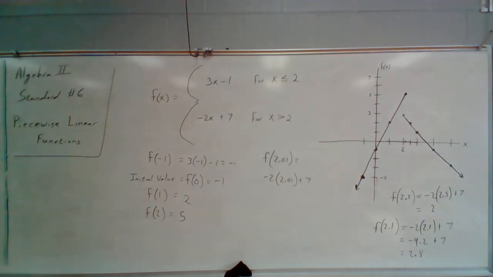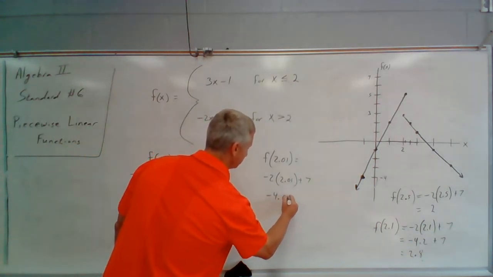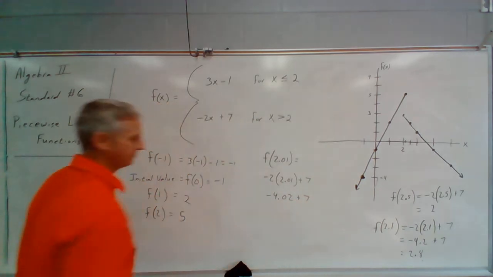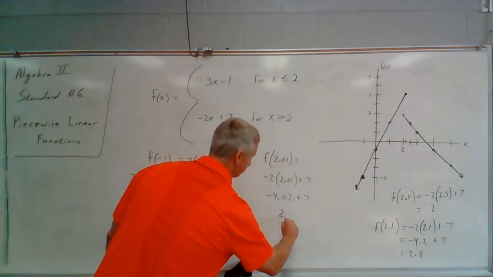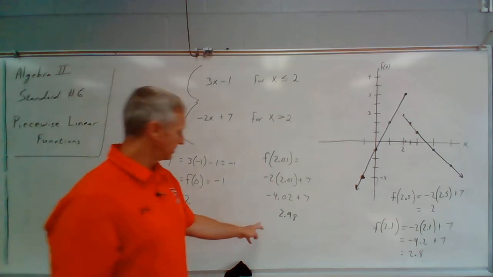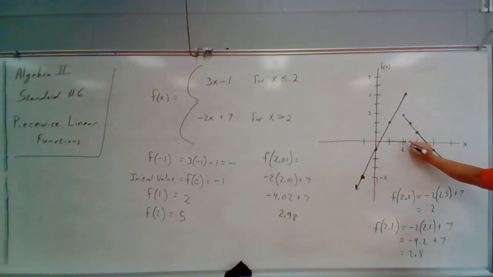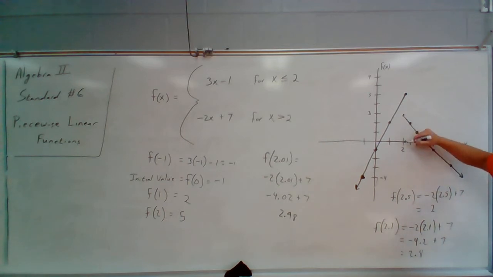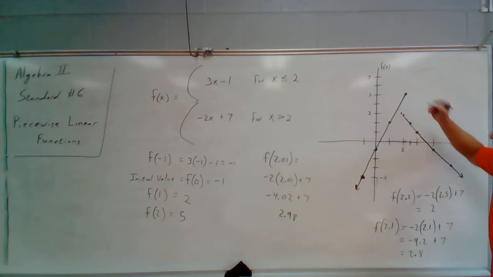Negative 2 times 2.01 is negative 4.02 plus 7. And 7 minus 4.02 is 2.98. So notice 2.98 is really close to 3, but not quite. So I plug in 2.01, something really close to 2, and I get a point really, really close to 3.